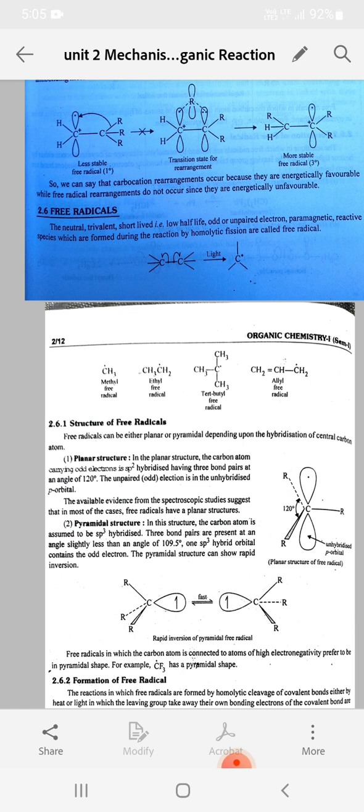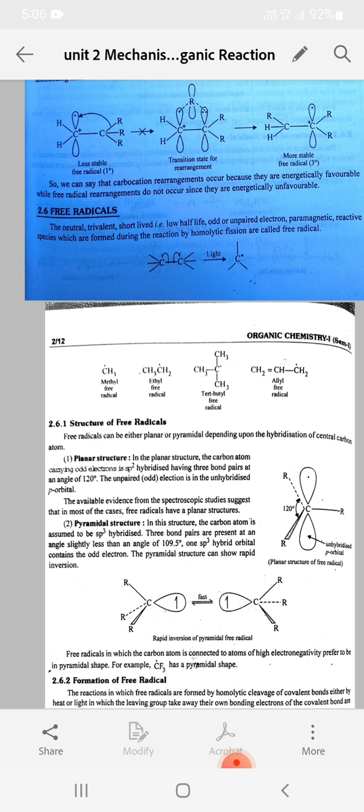Okay, further talking about the formation of free radicals. The reactions in which free radicals are formed by the homolytic cleavage of covalent bond either by heat or light, in which the leaving groups take away their own bonding electron, are given below.